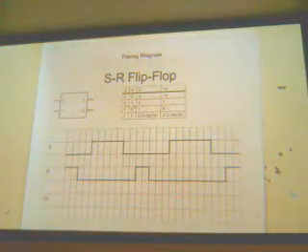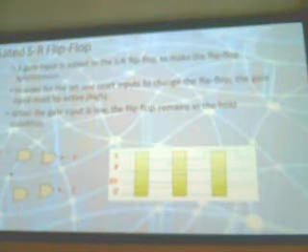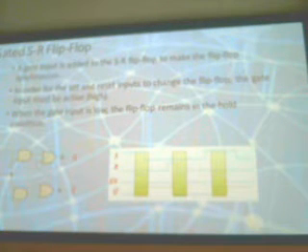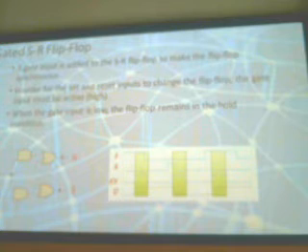Let me see if I have my slides here. Okay, so now we have the ability to be a little more precise. This is similar to what we've already done, except the inputs are reversed instead of the output, right?